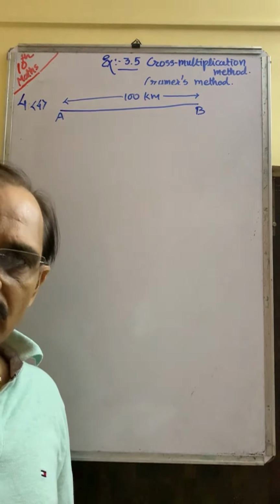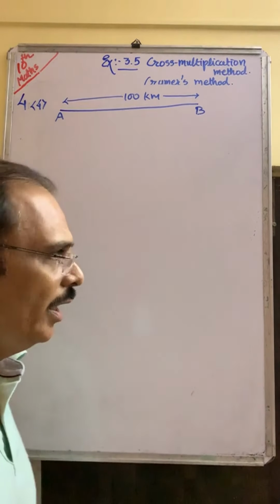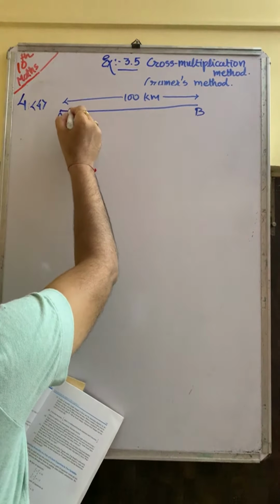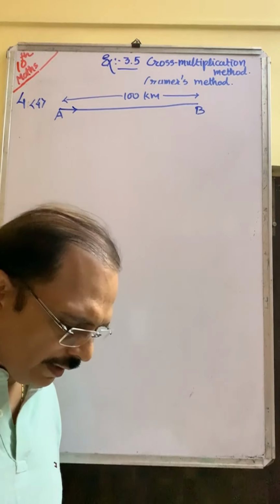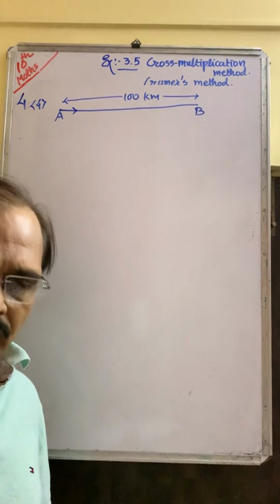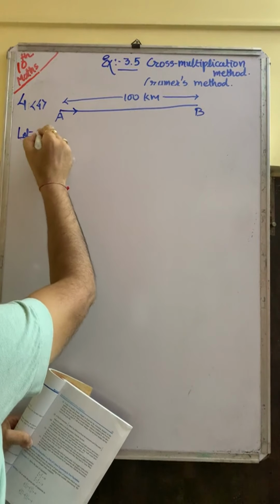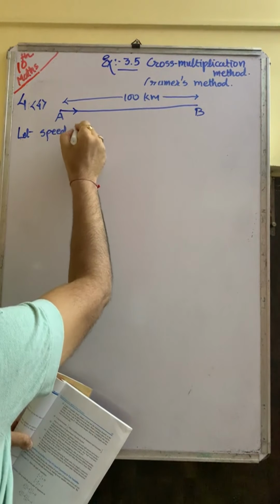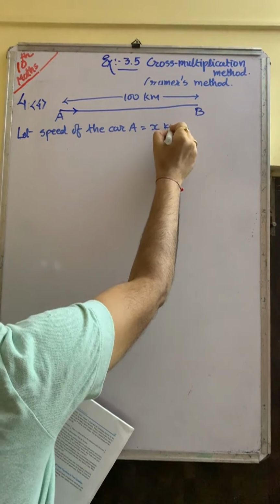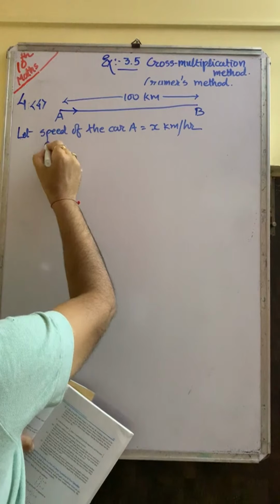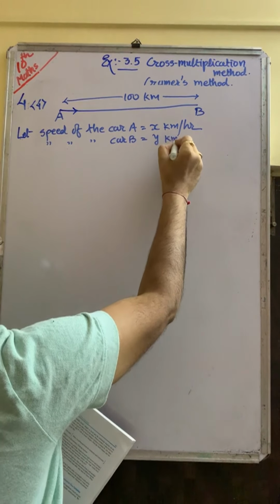One car starts from A and another from B at the same time. Suppose car A starts from A, moves in this direction, and another car B also starts at the same time, and they travel in the same direction with different speed. So suppose let speed of the car A is x kilometer per hour and speed of the car B, suppose y kilometer per hour.